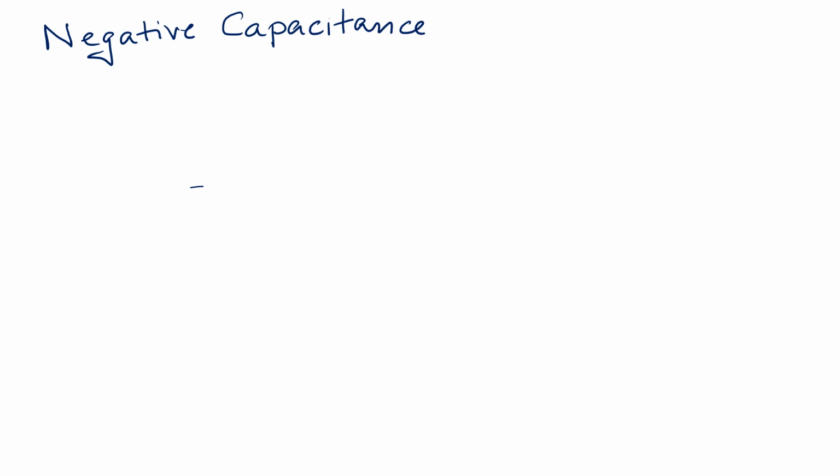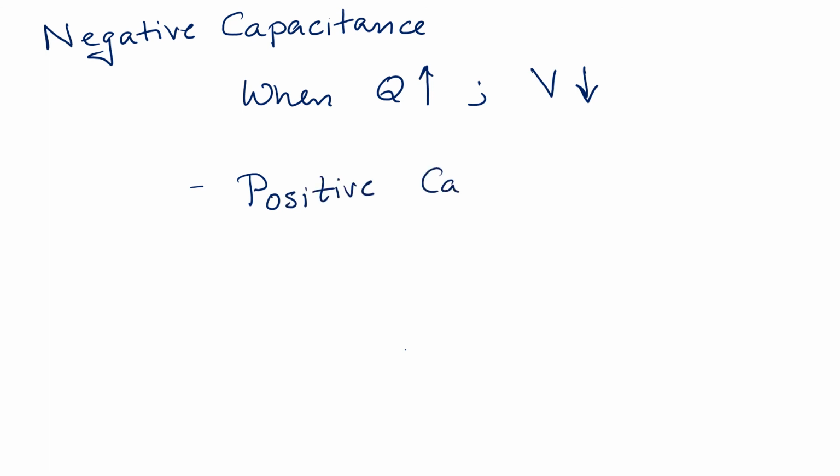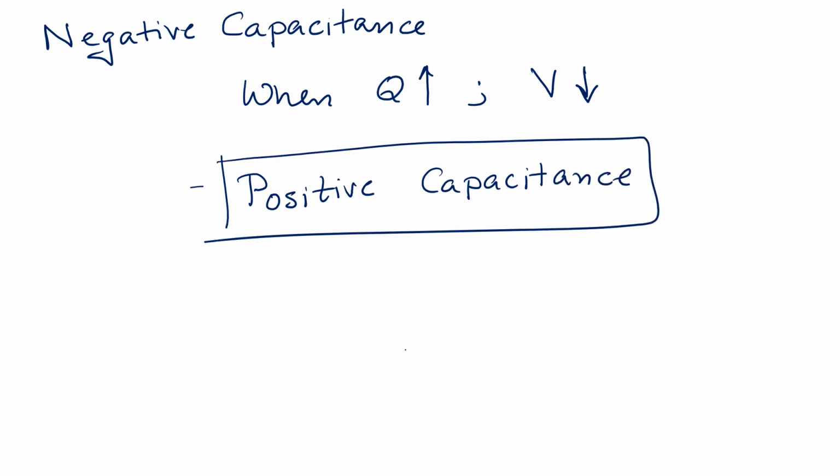Negative capacitance means that when charge increases, potential decreases. There are some research topics right now where this negative capacitance has been observed. But everything we are doing in this course would be positive capacitance. So if you get a value of negative, there is some error you have made. Please keep this in mind.